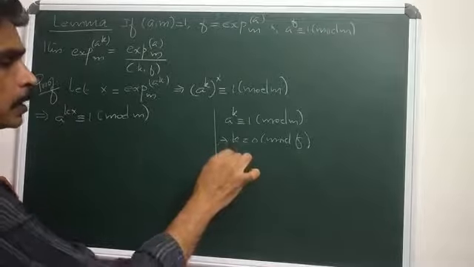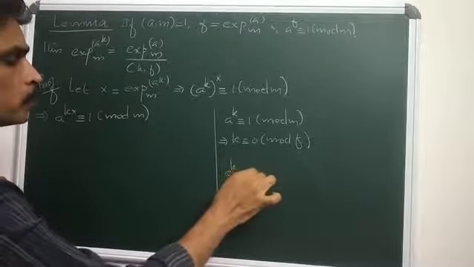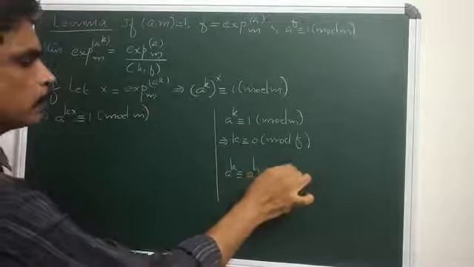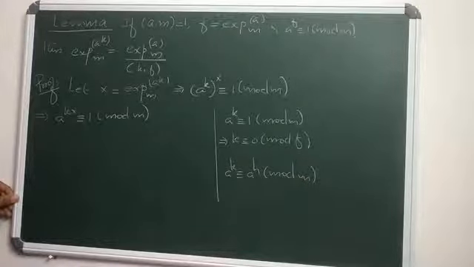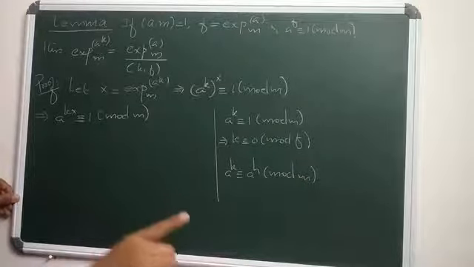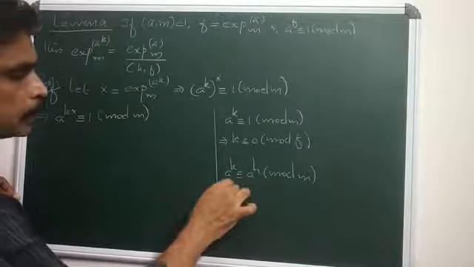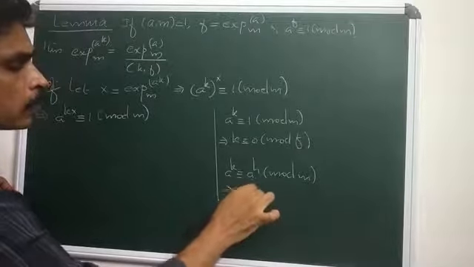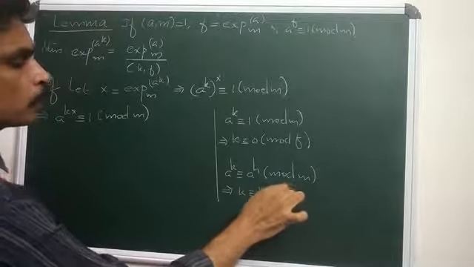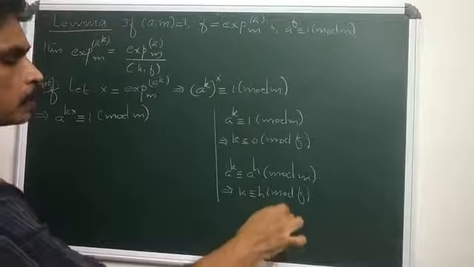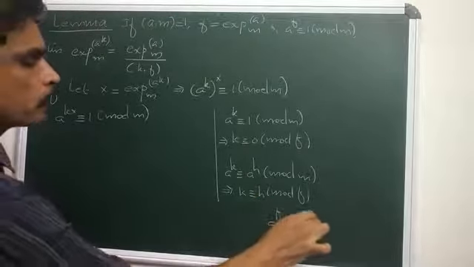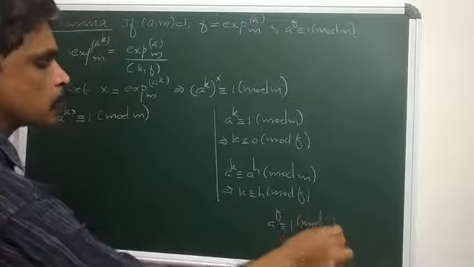We know that if a to the power k is congruent to a to the power h mod m, and f is the least positive integer such that a to the power f is congruent to 1 mod m, that is, f is the exponent of a mod m, then this implies k is congruent to h mod f.